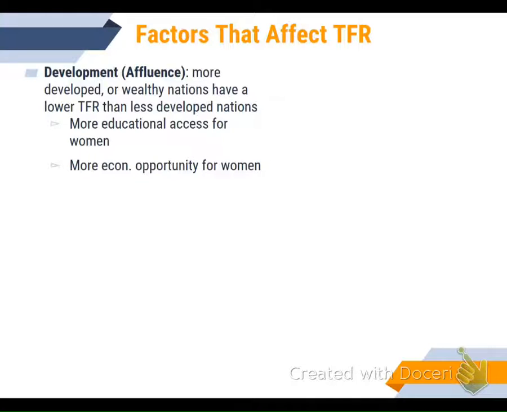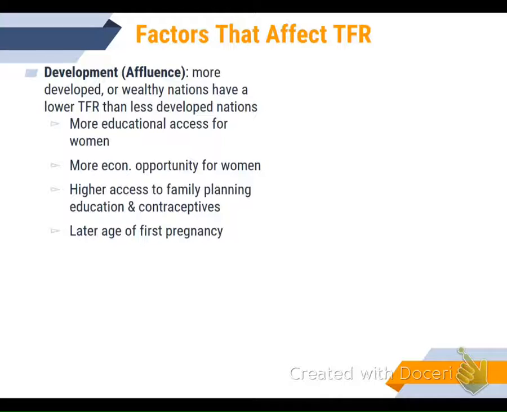If they're going out and working, making a living, they don't have the time to have babies. They have higher access to family planning. Family planning doesn't mean you're just going out and having birth control. It means you're going to be able to decide how many kids you want. How many kids do you need? Plus, then you need the contraceptives.